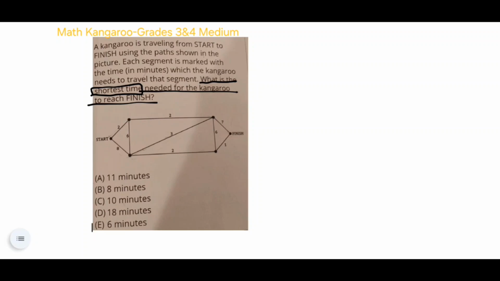So for this problem, we can try going in the paths which have the least amount of time. There are a lot of paths. So we can go this way, then we can go across this long piece. So that's 2 plus 2 is 4 so far.